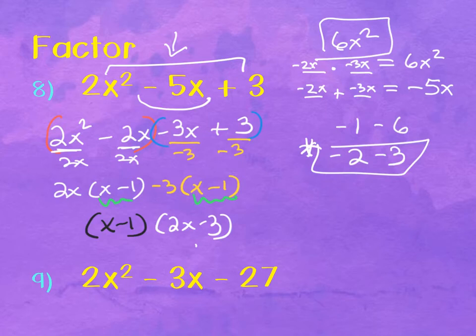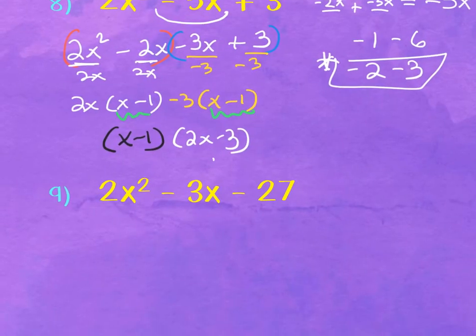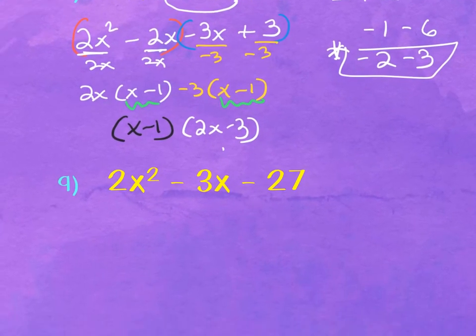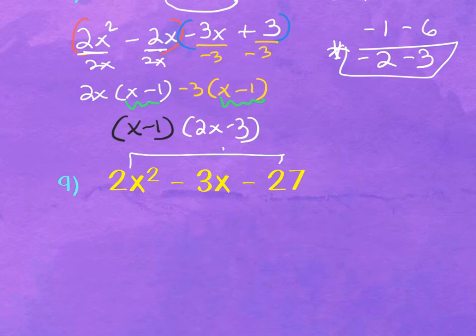Let's try the next one. Numbers are getting a little bit bigger. 2 times negative 27. I'm looking for factors of negative 54. Now, you could put the x squared, but essentially we're... Did you get the 54 again?